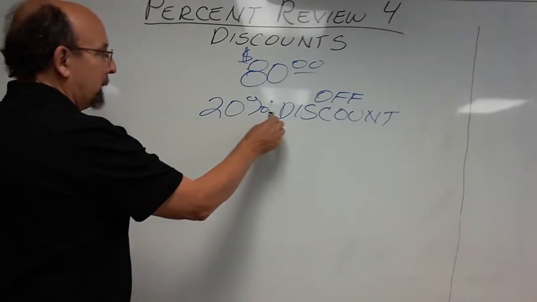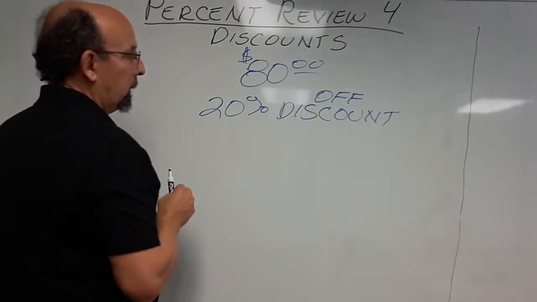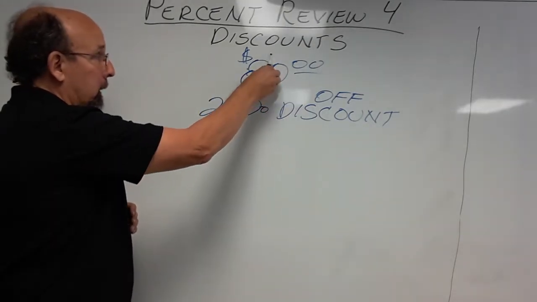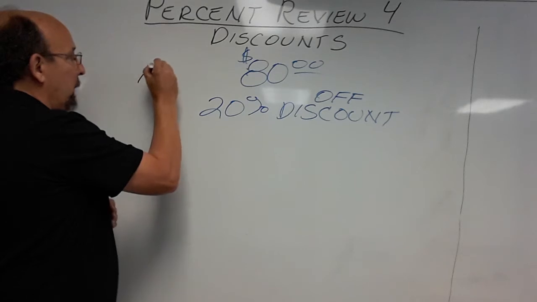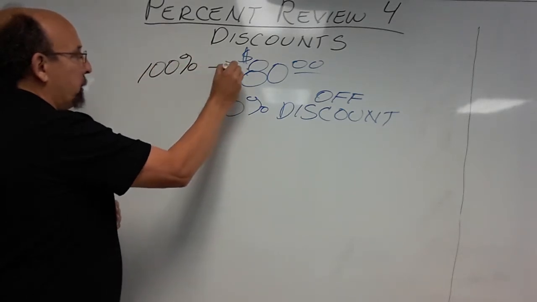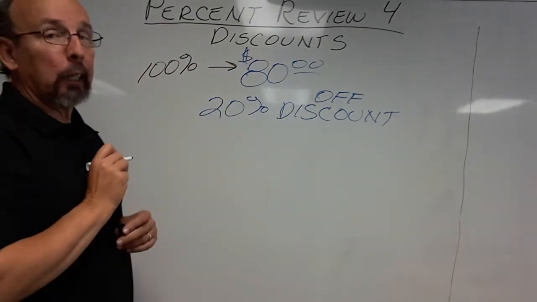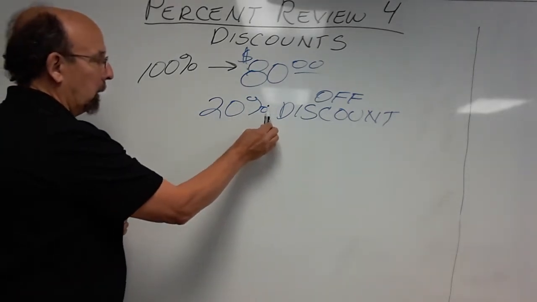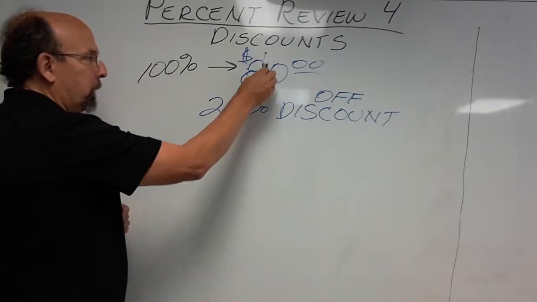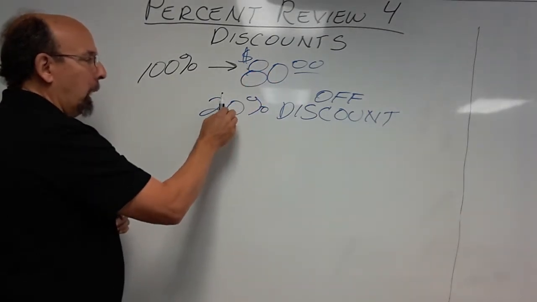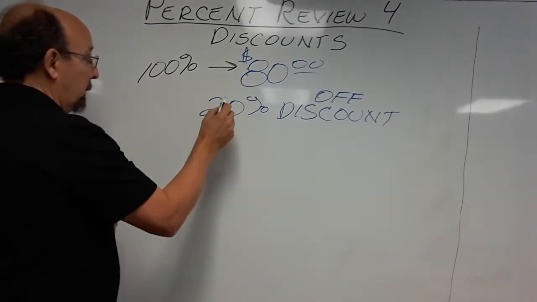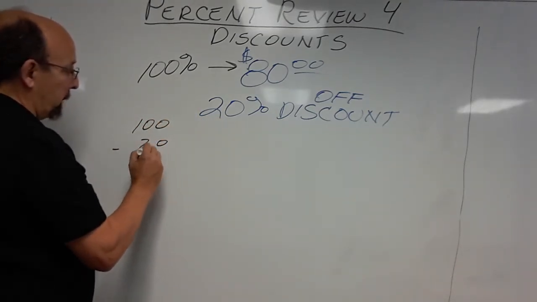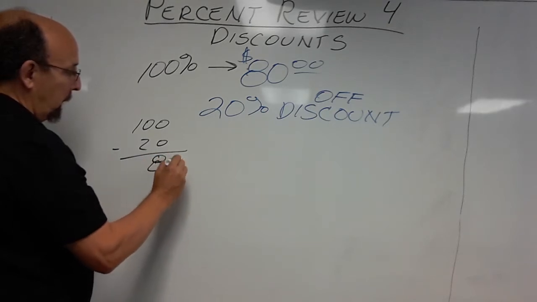So a 20% discount means I'm paying what? If I'm paying all of this, I'm paying 100%, and 100% of it is $80. But I have a 20% discount. Well, then how much of this am I paying? I'm paying 80% of it, because 100% for the full price minus the 20% discount gives me 80%.